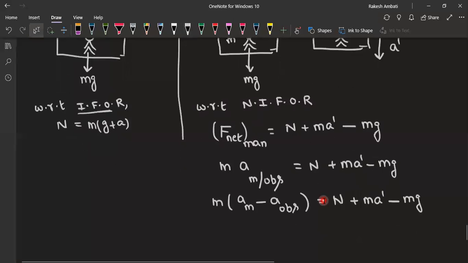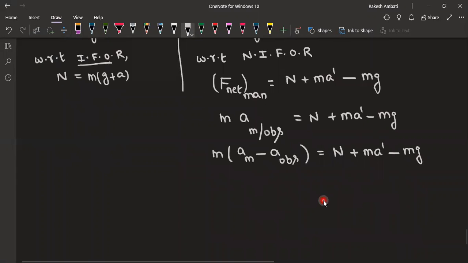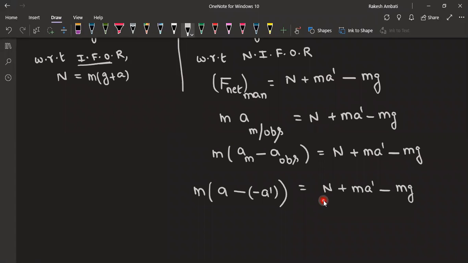Then here, mass m into, what is the acceleration of the man, a or a dash? A. Minus, what is the acceleration of the observer? A dash. Minus a dash, because it is in the downward direction, equal to N plus ma dash minus mg. That implies m into a plus a dash equal to N plus ma dash minus mg.